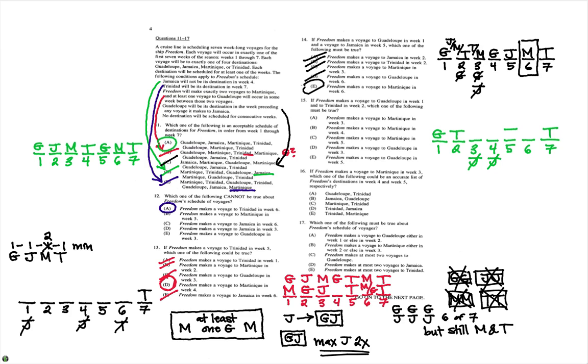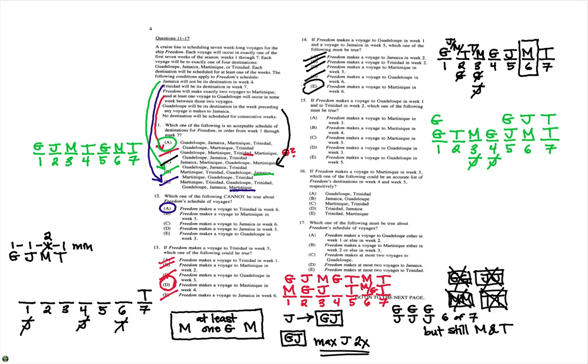If Jamaica showed up in week 5, we know the week preceding it must be Guadalupe. And then obviously our trips to Martinique would show up weeks 3 and 6. One trip to Guadalupe between them, that is fine. Again, the other possibility we saw was that Jamaica shows up in week 6. Again, that would put Guadalupe in week 5, placing what we know already.